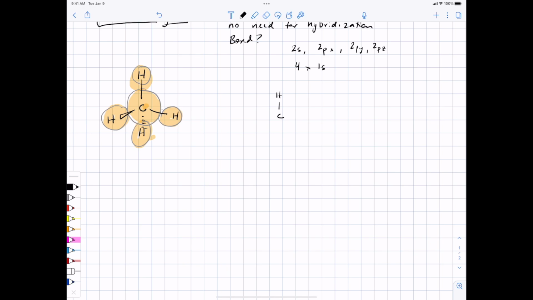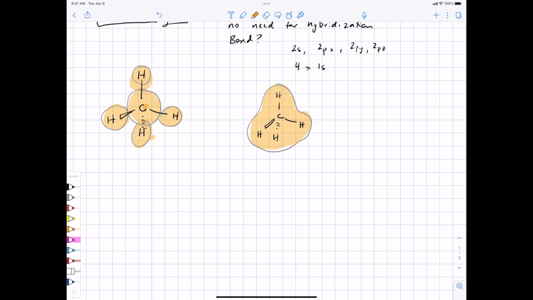I could draw a better representation of what this looks like if you did the calculations. It would look like a continuous lobe of electron density surrounding the molecule. Okay, so that's easy enough.